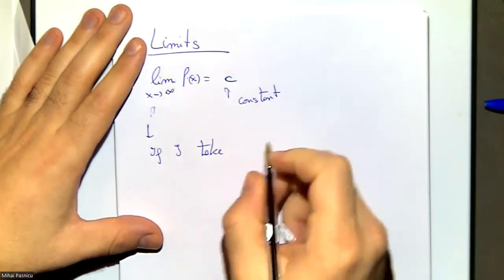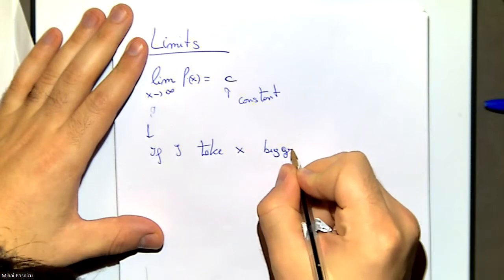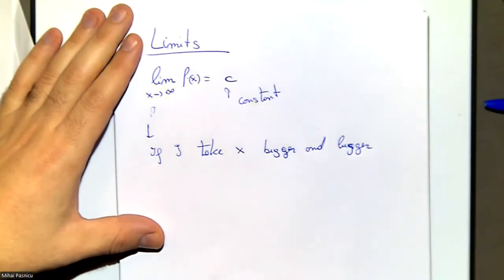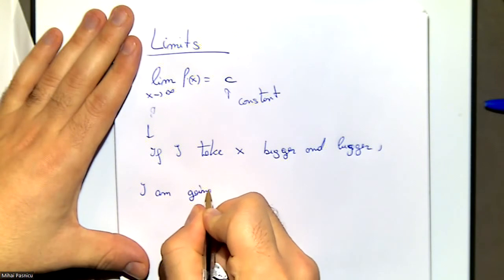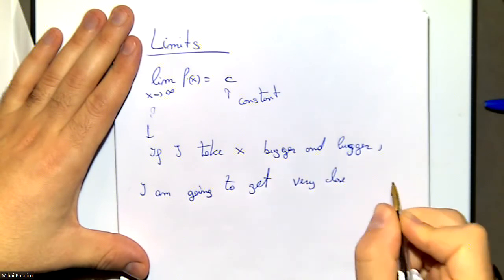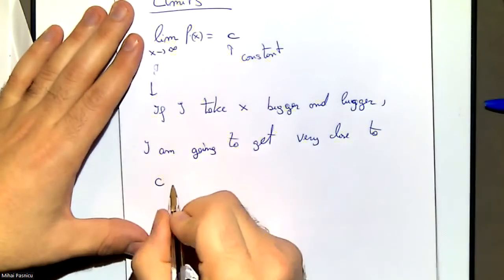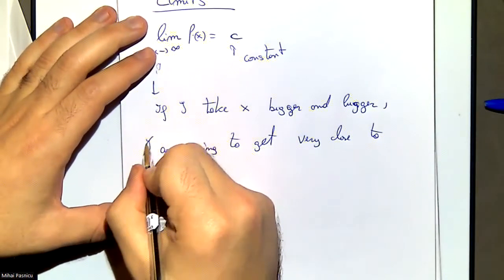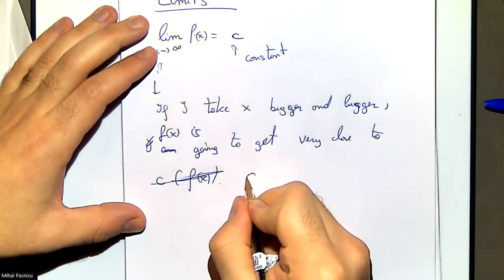The formal definition translated just says: if I take x bigger and bigger, I am going to get very close to c. I mean, f of x is going to get very close to c.